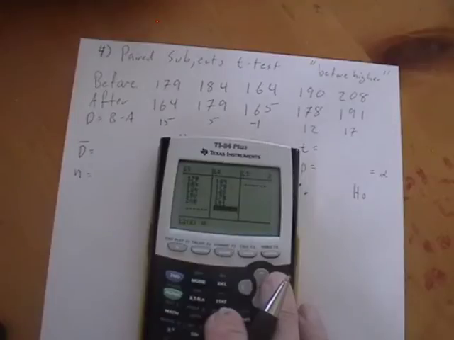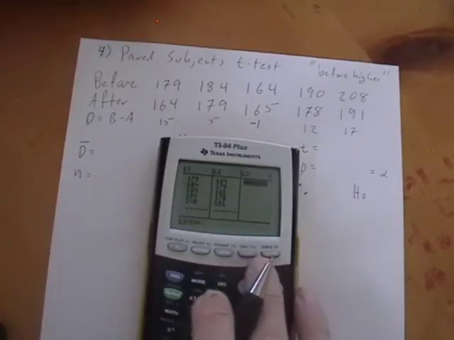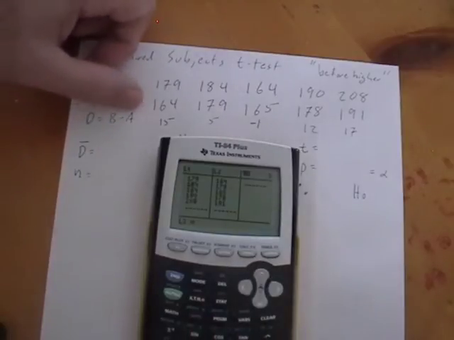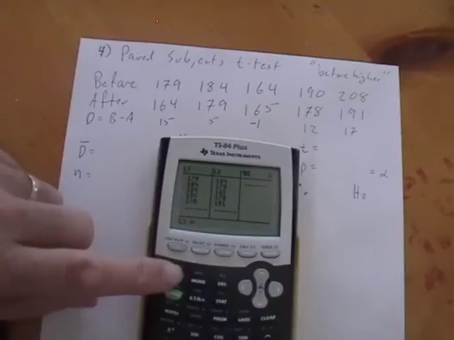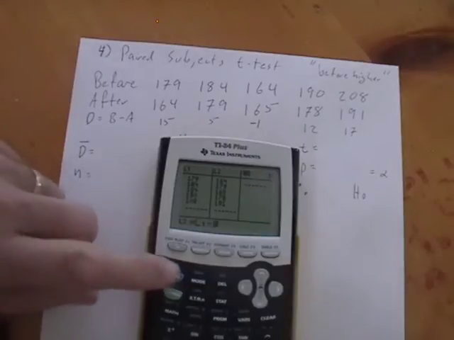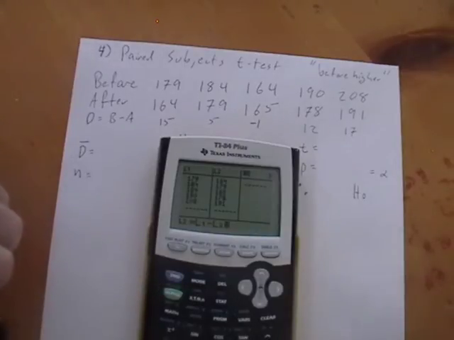I go to the third list. I move up to the header of that list. And now what I type in, if I want before minus after, I'm going to type in second 1 to get L1 minus second 2 to get L2.